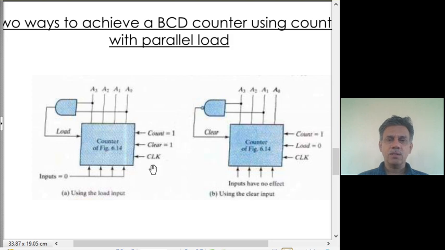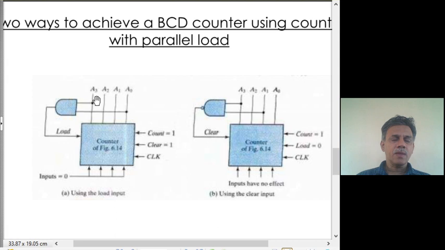We have a clear signal and a clock signal; we don't use the clear at this point. So, the clock comes all the time. It is a 4-bit synchronous up counter, so it will be counting from 0000 onwards. But now we include a circuitry which looks for the number 9.